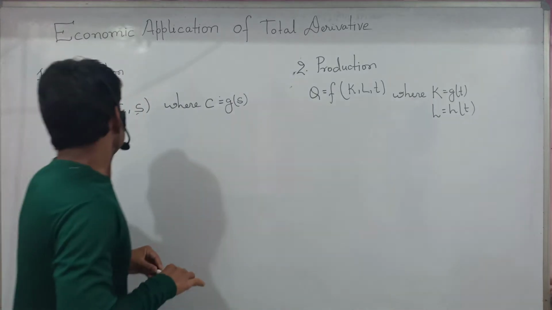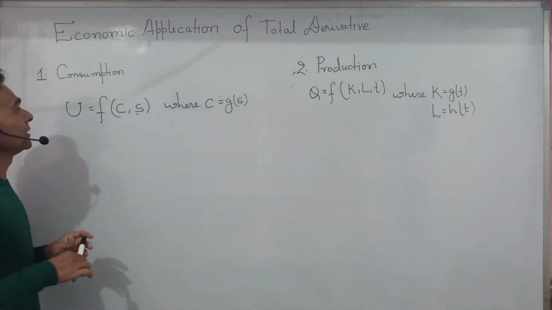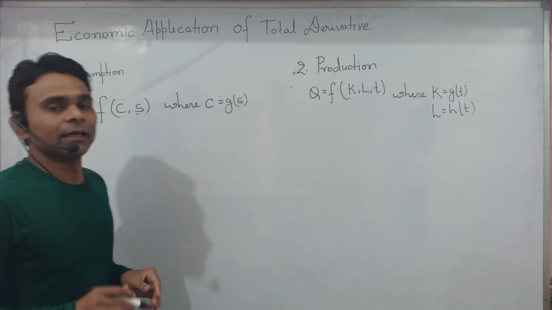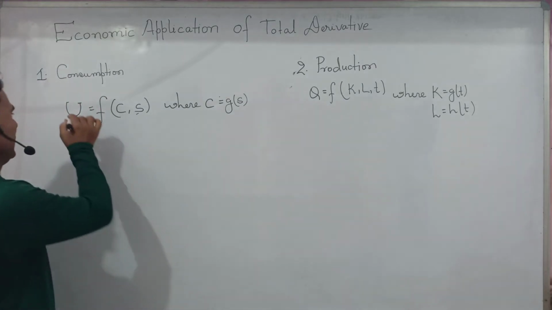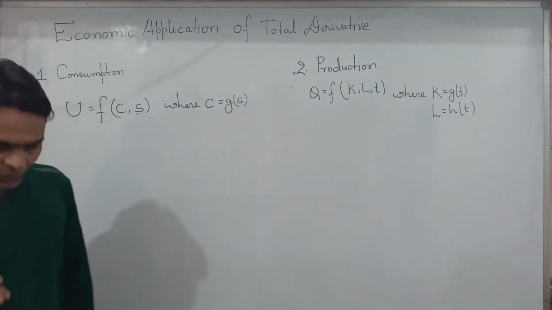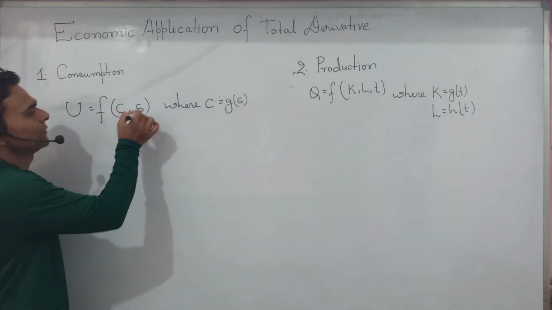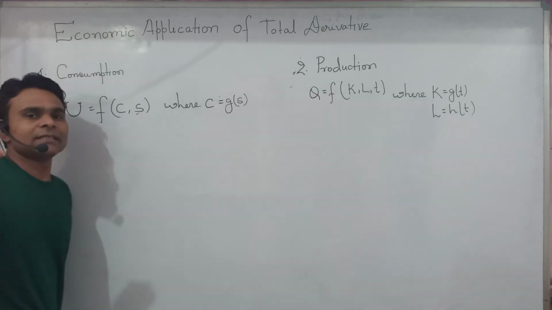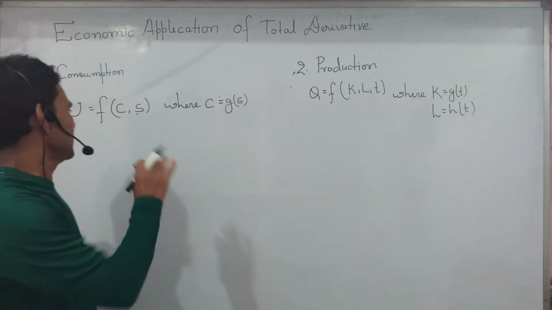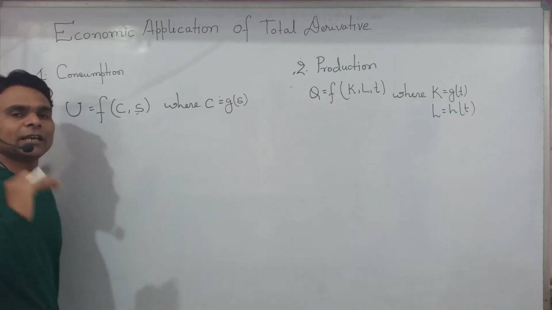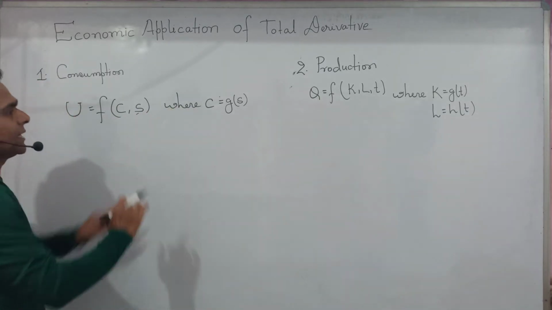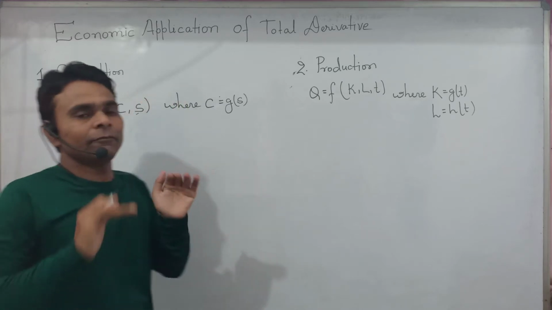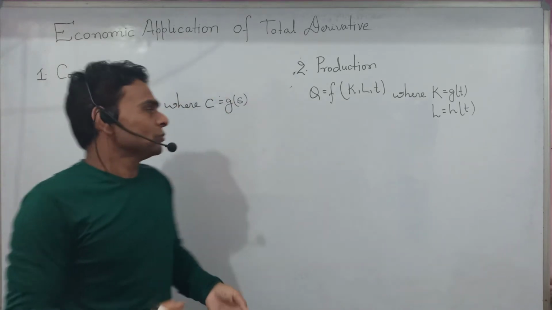Now let us start. First, the consumption example, where we can apply total derivative. Here u denotes the utility function, which is a function of C and S. C means the amount of coffee consumed, S means the amount of sugar consumed, where C completely depends upon the amount of sugar consumed.